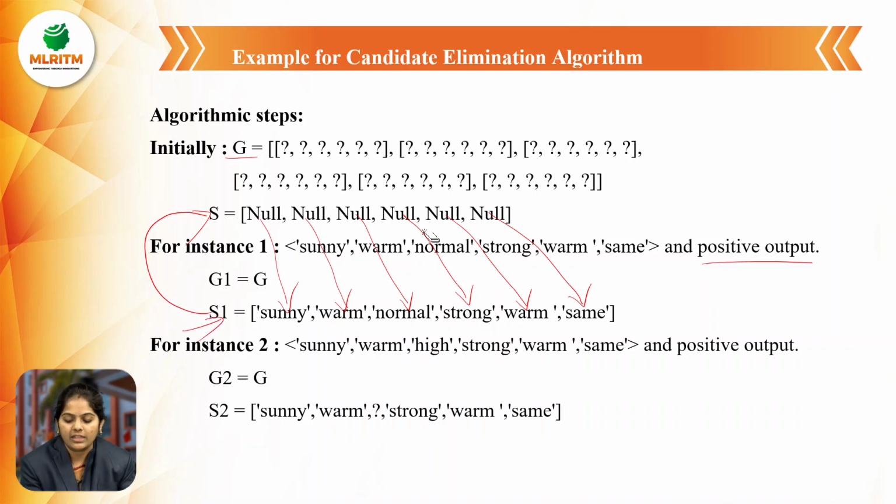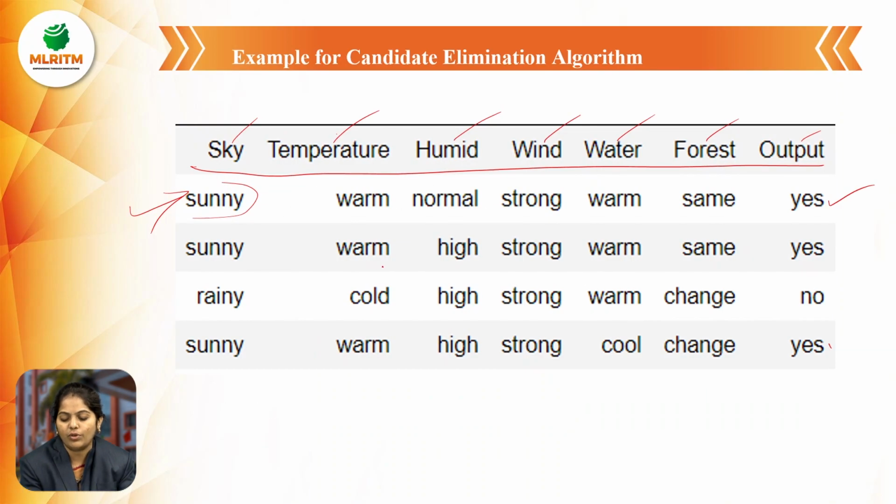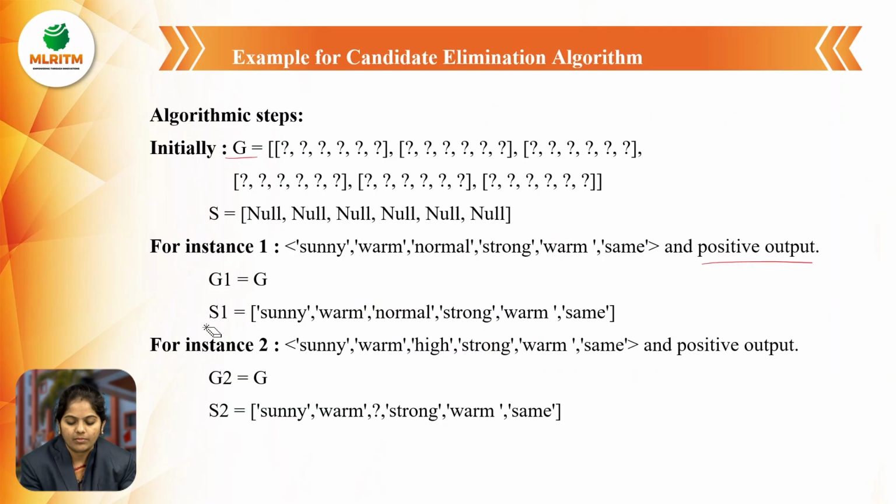Okay, and next for example 2. Example 2 consists of sunny, warm, high, strong, warm, same, and this is also a positive example. So we'll keep the general hypothesis the same, and we'll do the comparison between the first example and the second example.